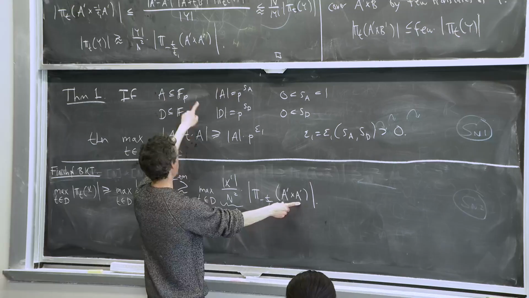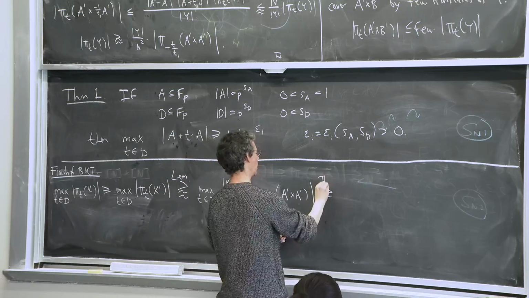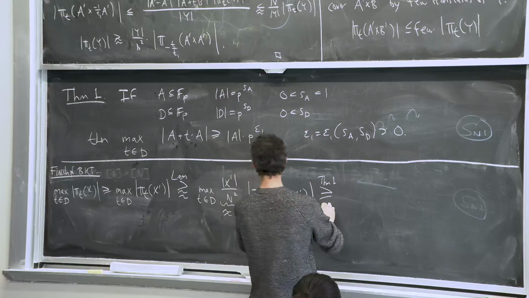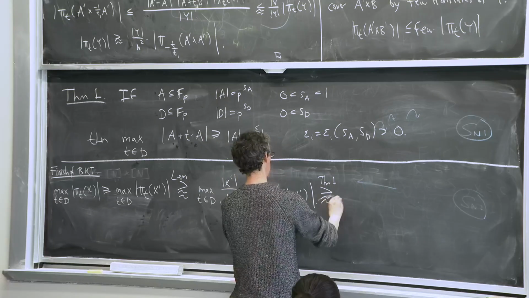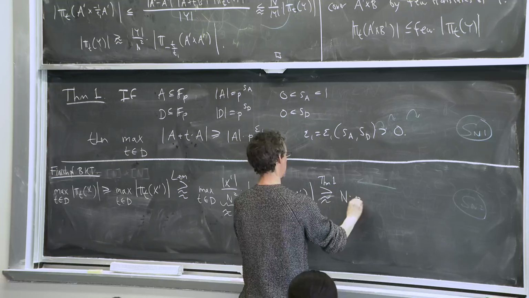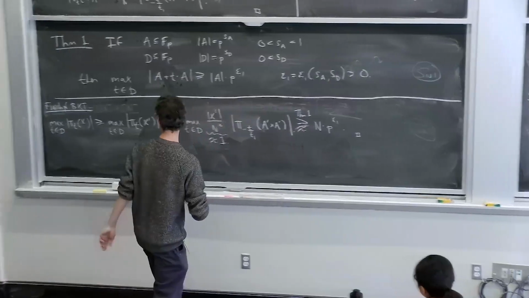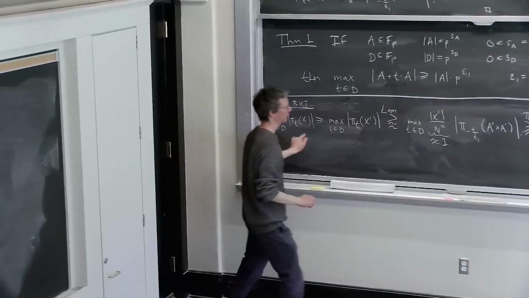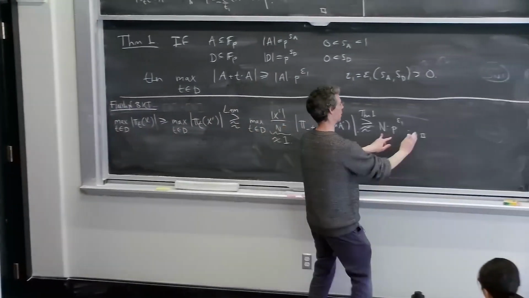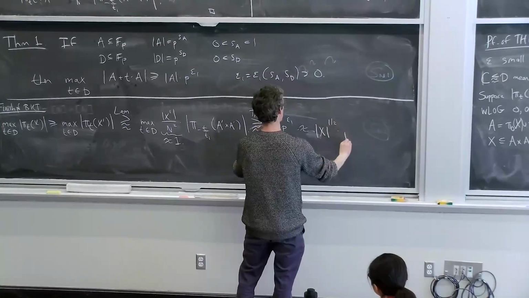That's exactly the thing that Theorem 1 told us about. So by Theorem 1, this is now greater than or similar to n times p to the epsilon 1. And that's the proof. So one of these is significantly bigger than the square root of |X| times p to the epsilon 1.